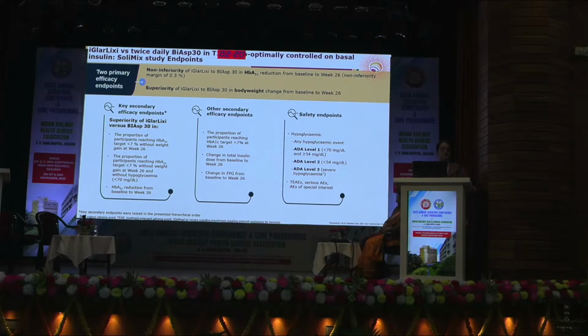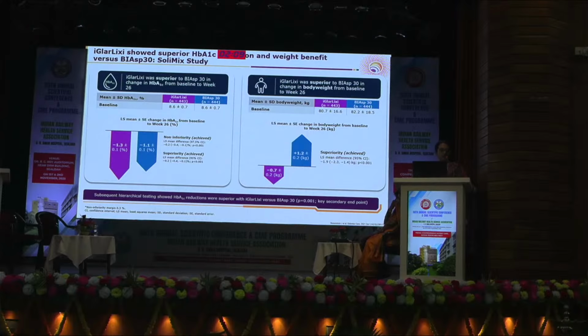We also looked at the HbA1c reduction from baseline, the fasting sugar reduction, and the side effect profile. The HbA1c reduction was not that huge, about 0.2, but was still superior. The weight gain effect was also there.